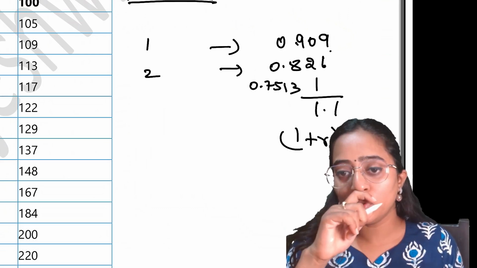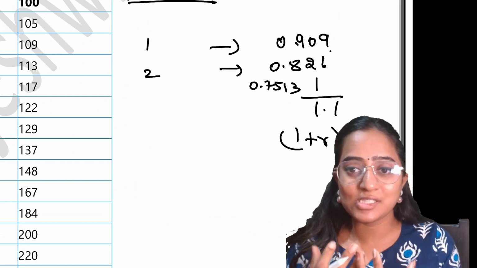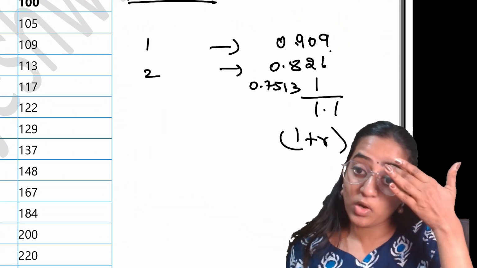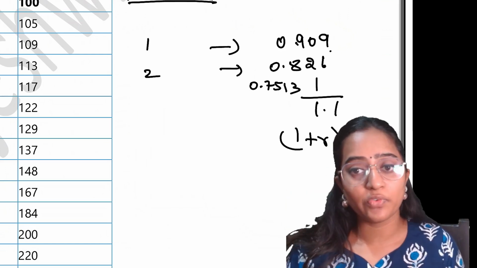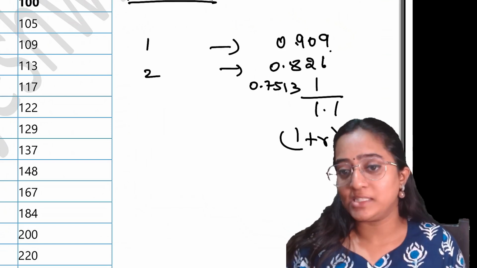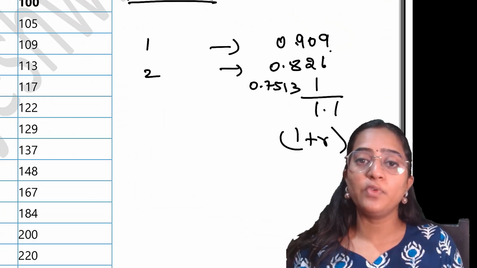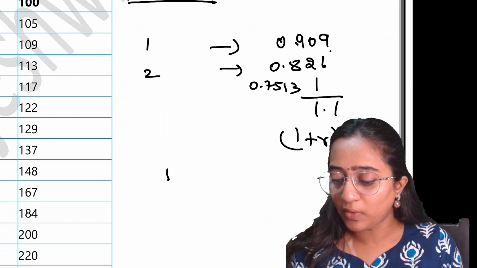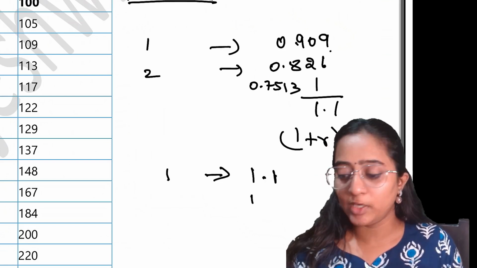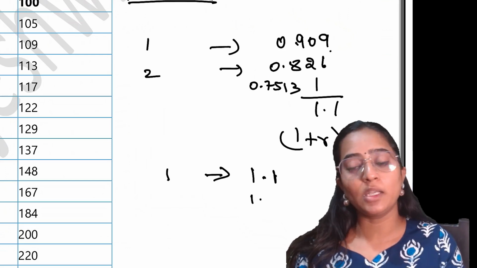In the same way, suppose instead of keeping the money in your hand and decreasing its value, you have invested. If you have invested, the value of 1 rupee would be multiplied by 1.1, and next it would be multiplied by 1.1 again.